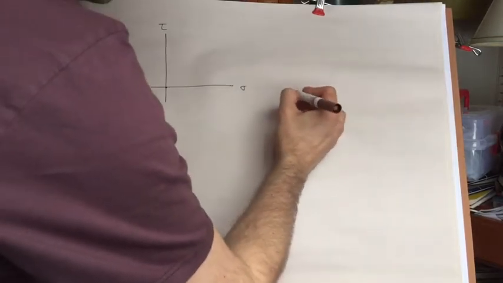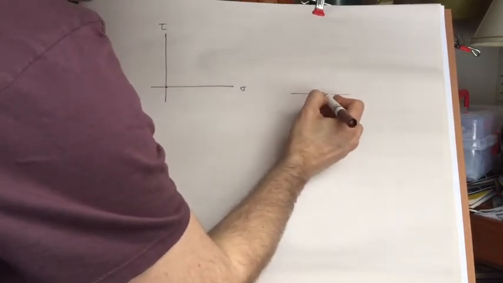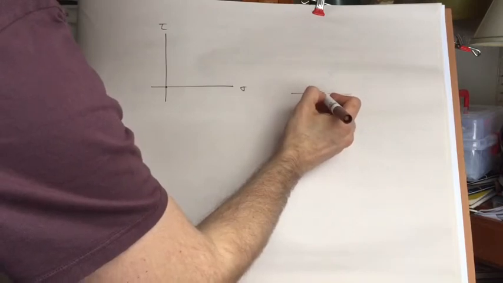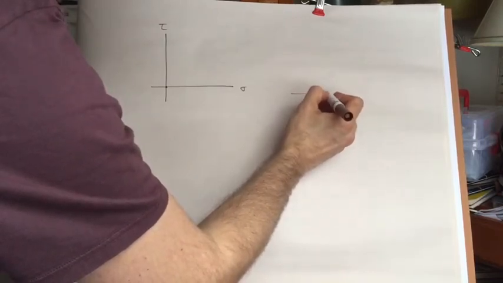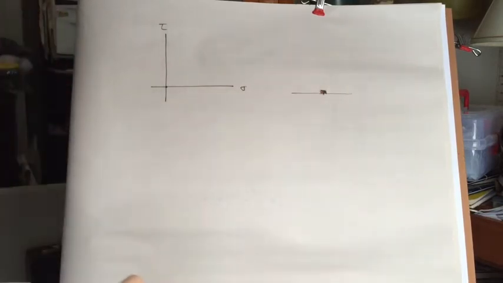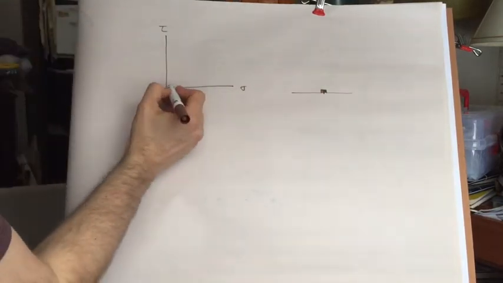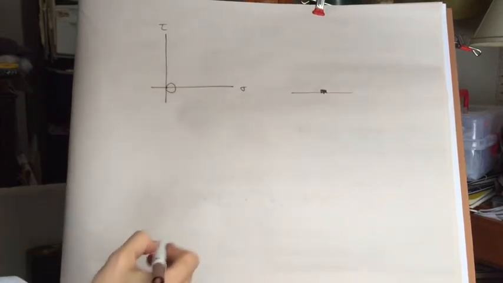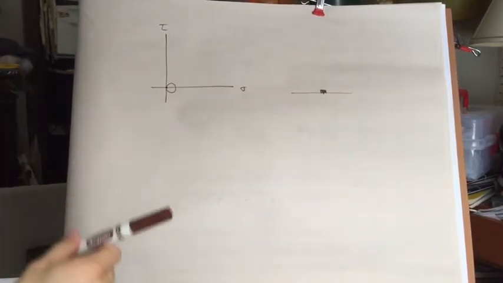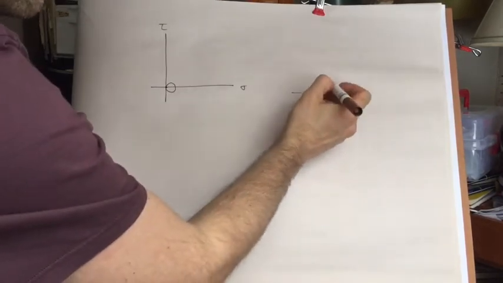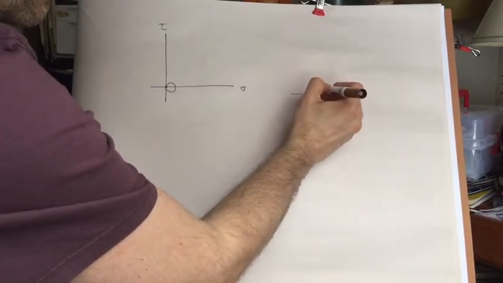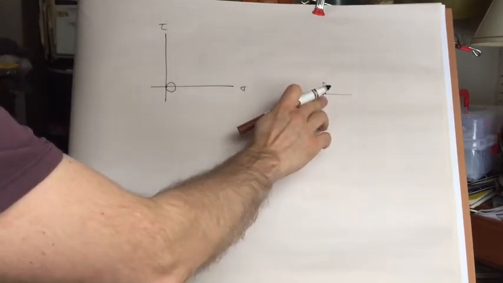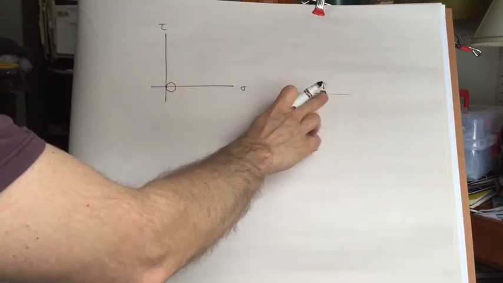So let's say that we're talking about this point here on your table, and then let's say that we pile up a little bit of stuff on it. You can visualize that in the Mohr circle as doing that. So suddenly that point is feeling some force from above.